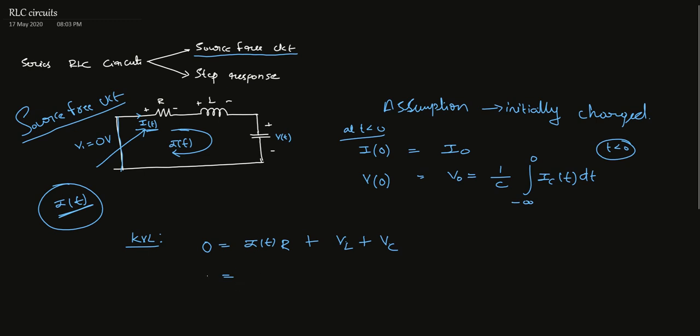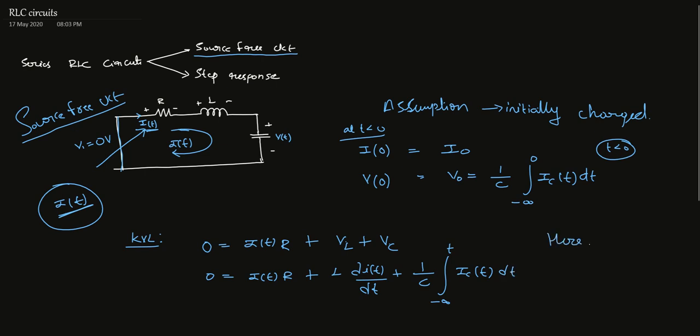So 0 equals I of t into R plus L times di of t by dt plus 1 by C times the integral from minus infinity to t of I of t dt.